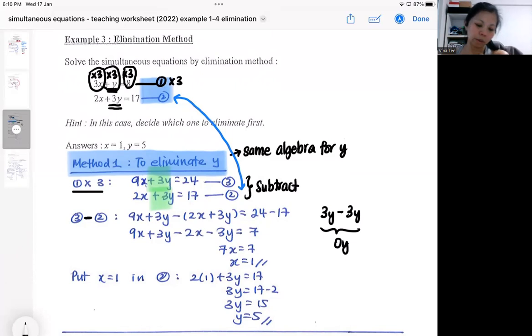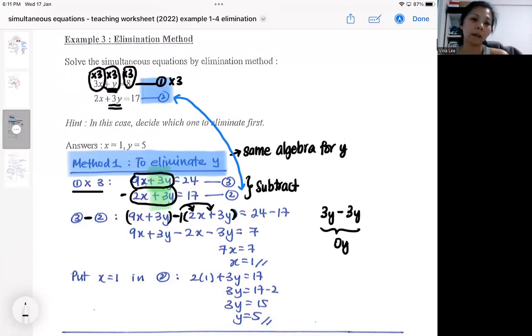So what do we mean when we are subtracting the equations? The algebra side subtracts the other algebra side. Remember I mentioned, if you are doing the subtraction in your elimination, you need to remember the bracket, so you have a -1 to multiply inside.